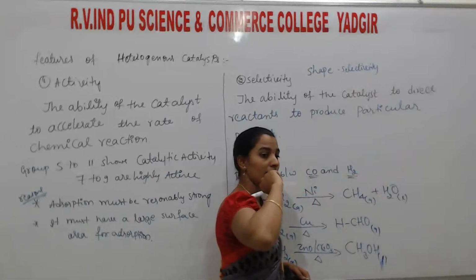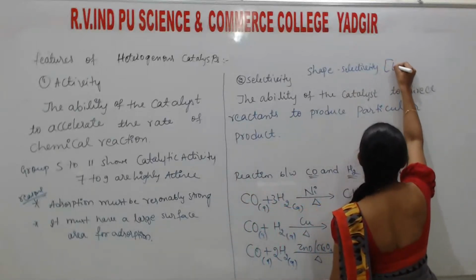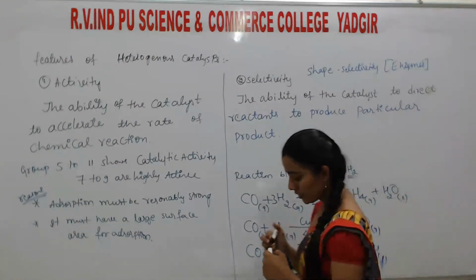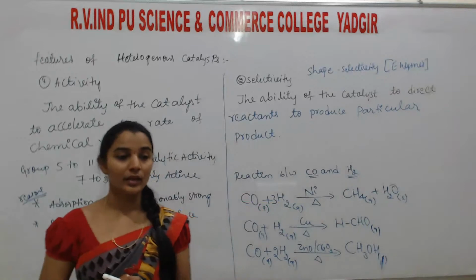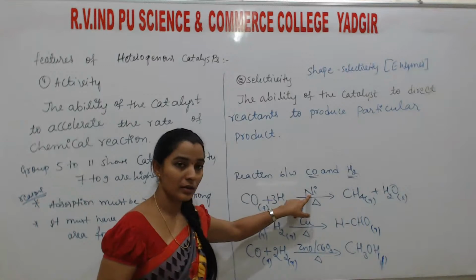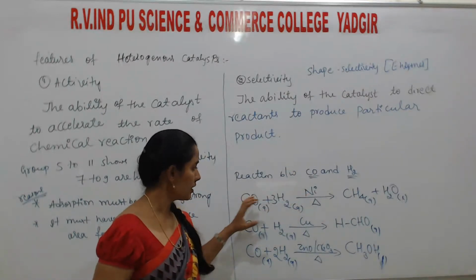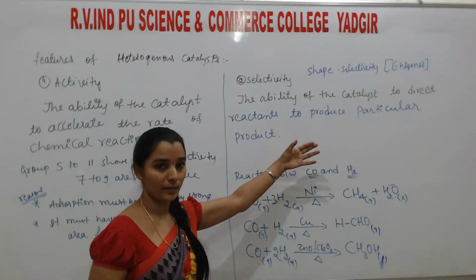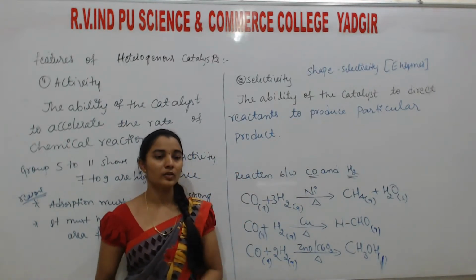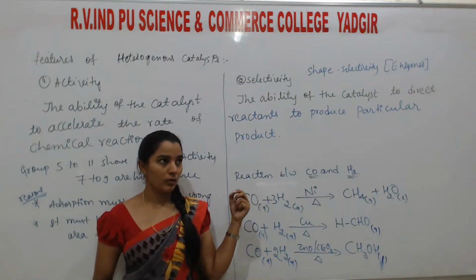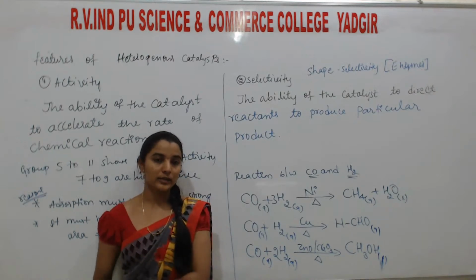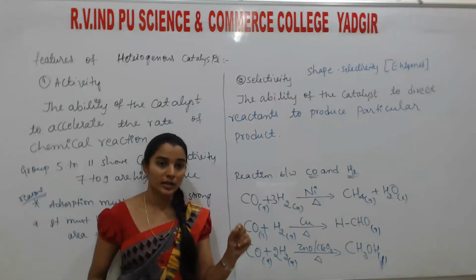Shape selectivity is specially explained by enzymes. Okay, in this selectivity process, the main thing is shape selectivity. By particular shape, this catalyst or any other reactant molecule or any enzyme. Enzyme is also a biocatalyst. You know the biomolecules I said: to break the molecule of maltose into monosaccharides we use maltase.